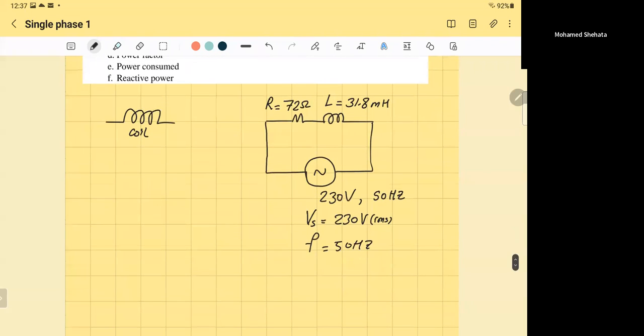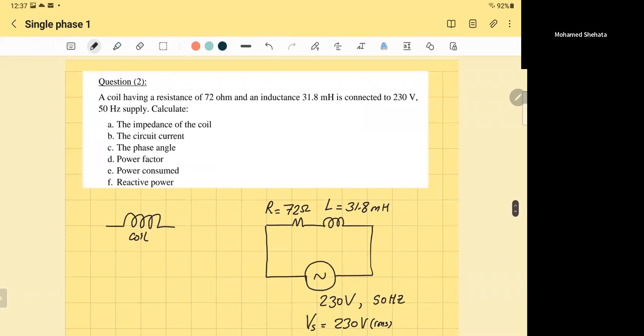From frequency, usually we need to find the angular frequency omega. So omega is 2 pi f, 2 times pi times 50 hertz, which is around 314 radian per second. So I'm ready now to continue.